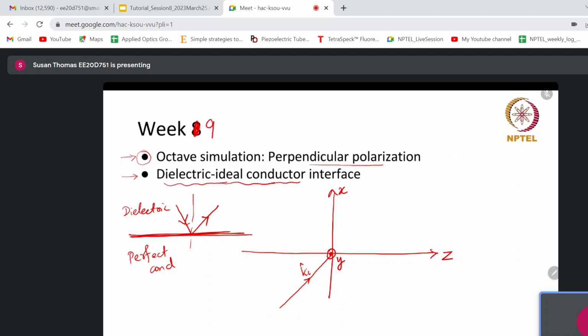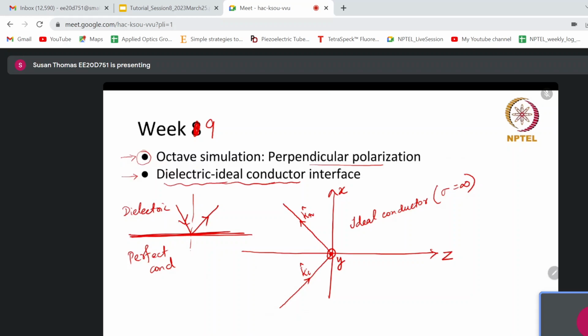Okay, ki vector is the incident wave vector or incident wave direction vector, and then there is a reflection because on the other side of this interface is basically an ideal conductor whose sigma is infinity, and we know that there will be total internal reflection, and so this is our kr vector, that means the reflected wave vector.